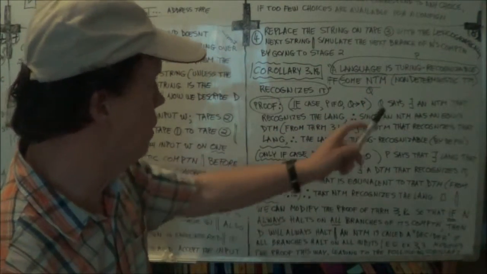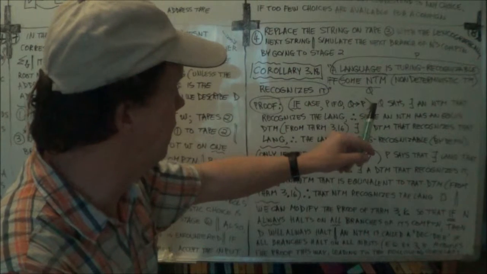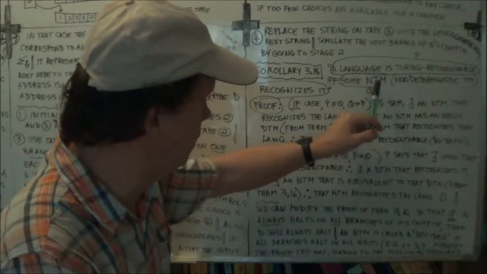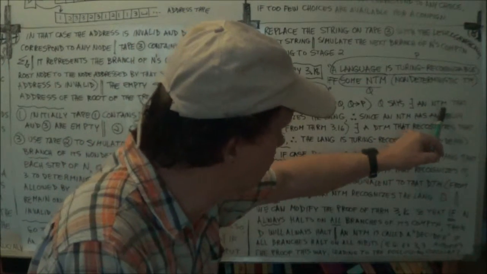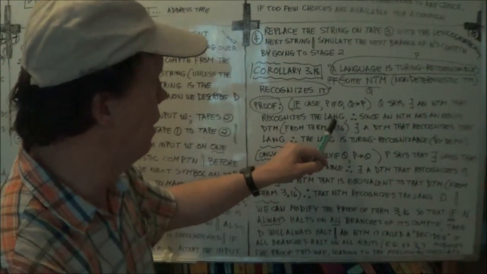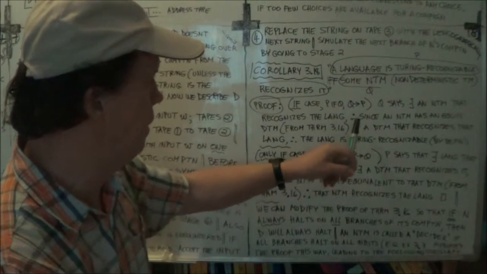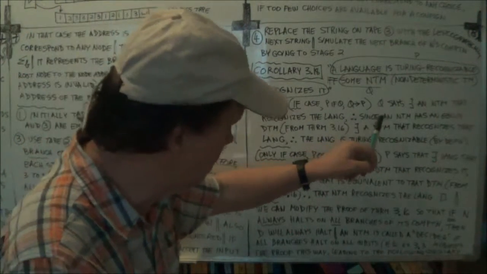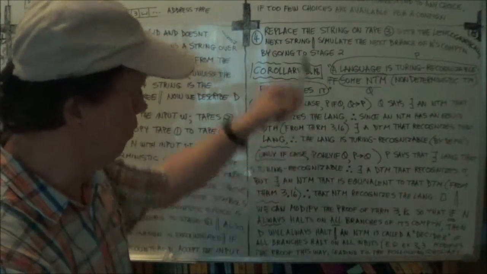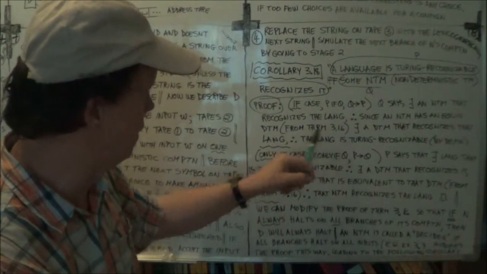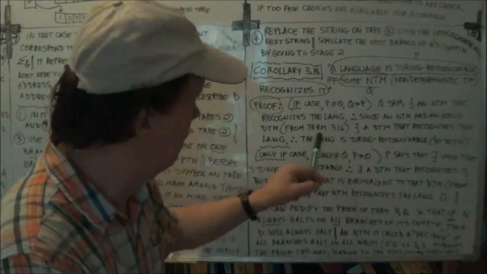Alright, what does Q say? There is some N, right? It says there is an NTM, a non-deterministic Turing machine, that recognizes the language. And because an NTM has an equivalent DTM, we just proved that. That was theorem 3.16.